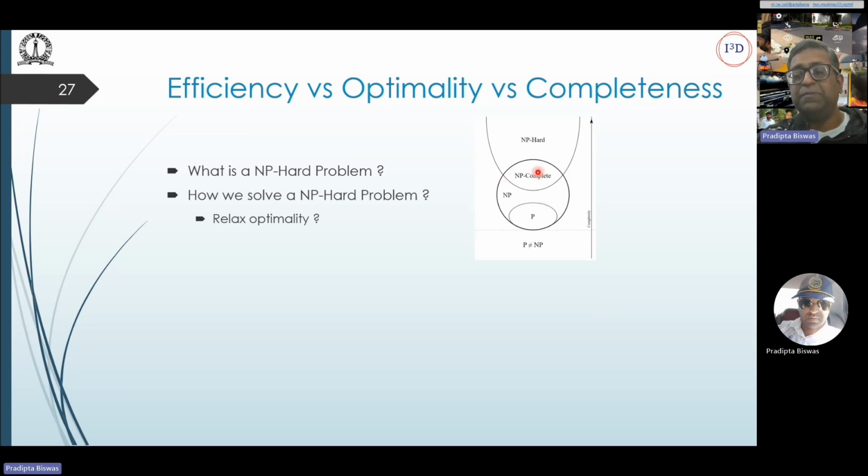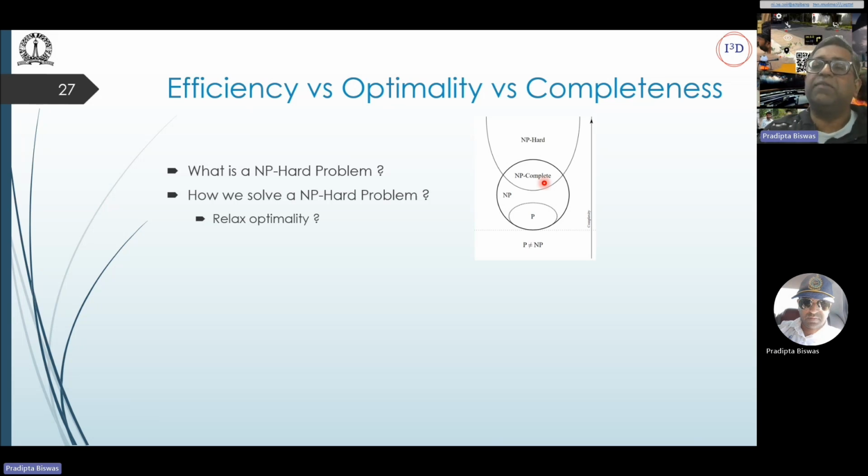And there is this set of NP complete problems which can be solved, but not within polynomial time. Most of our state space search problems belong to the NP complete class. And the NP complete class is also within the NP hard class. So many times you will hear roboticists say that A star is an NP hard problem, which is true, but more precisely it is NP complete because these are decidable.